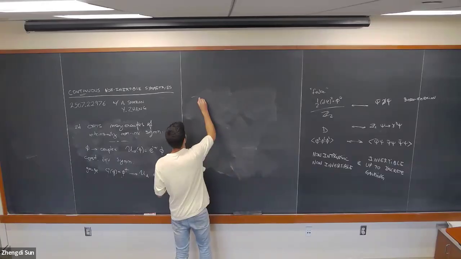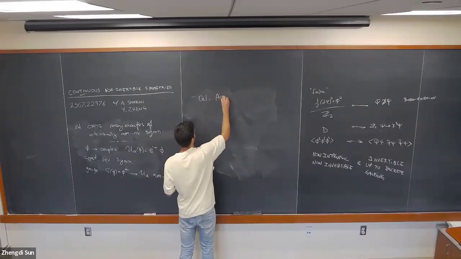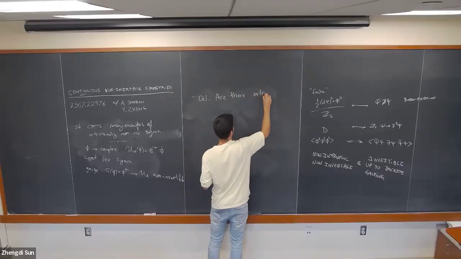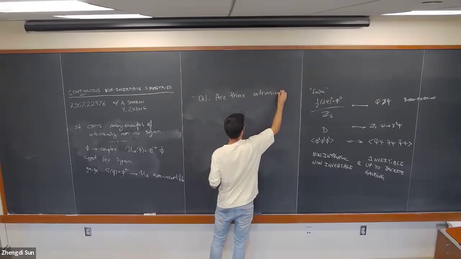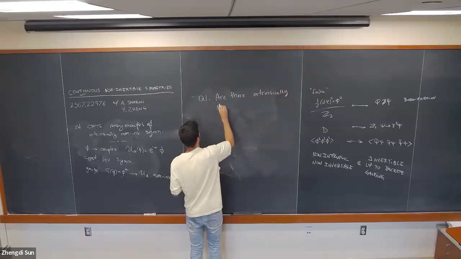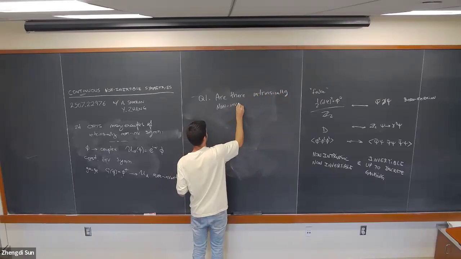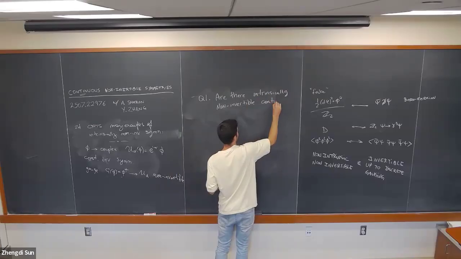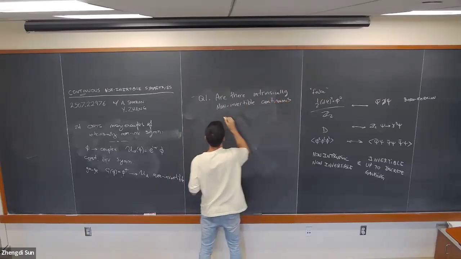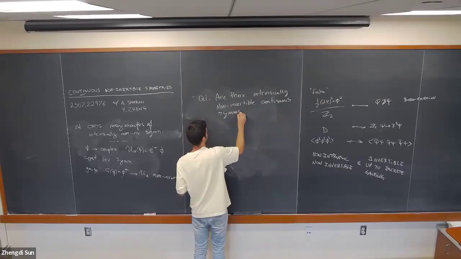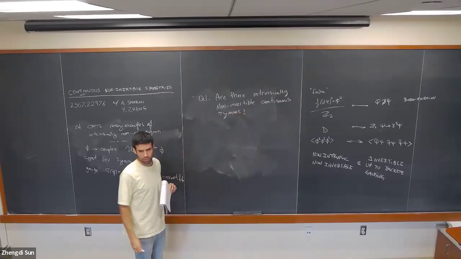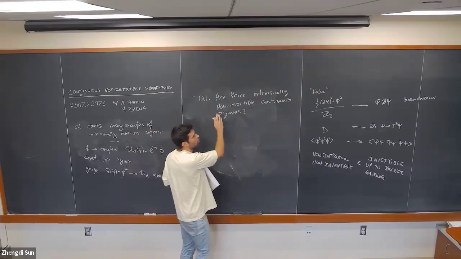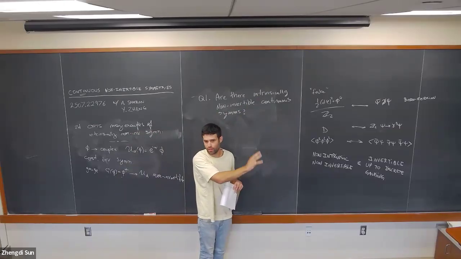Okay. So the question that we want to analyze here is the following. Question 1: are there intrinsically non-invertible PU symmetries? Is there some non-invertible symmetry that depends on continuous parameters, and that is always non-invertible regardless of any gauging?